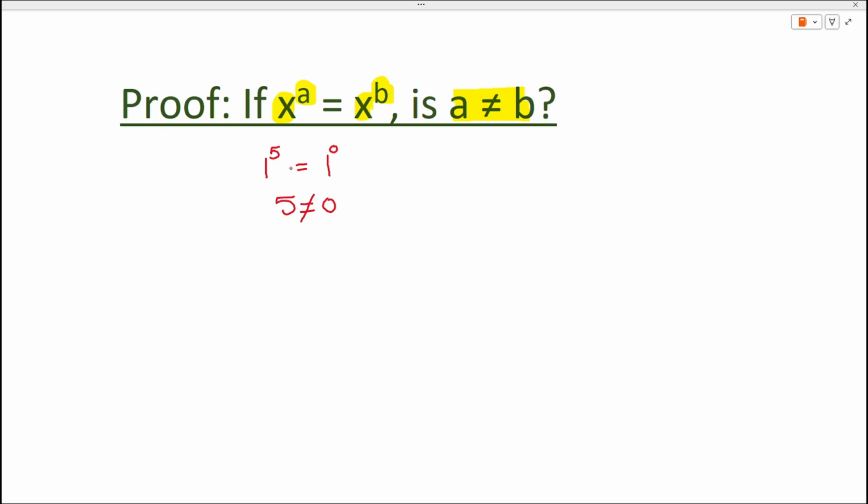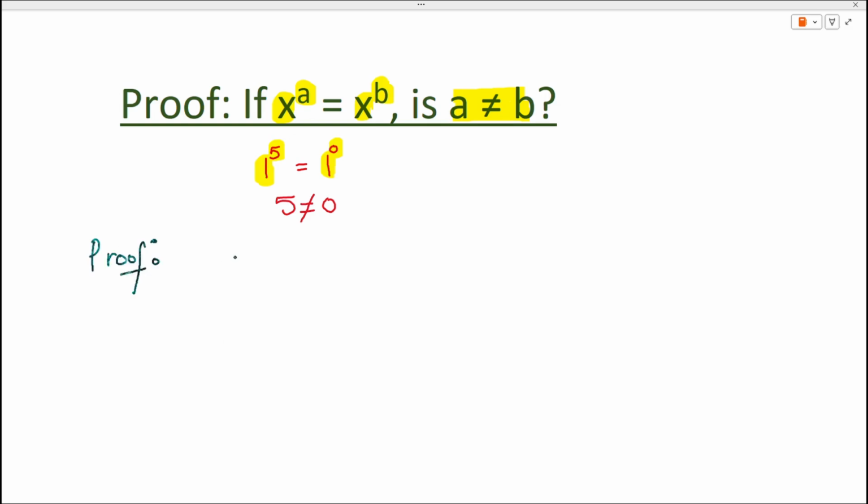So we have seen through an example that when the bases are the same in an exponential equation, it is not always necessary for the exponents also to be the same. So today we'll try proving it.